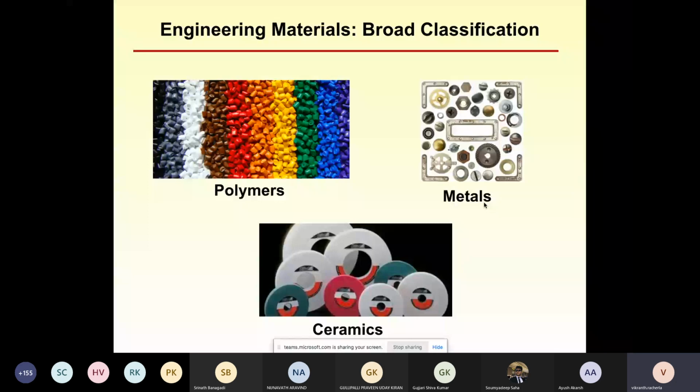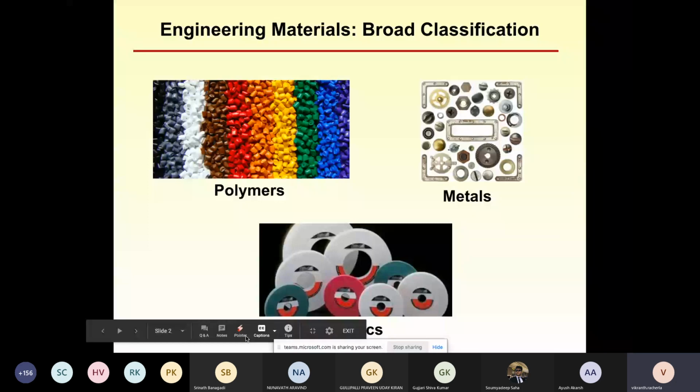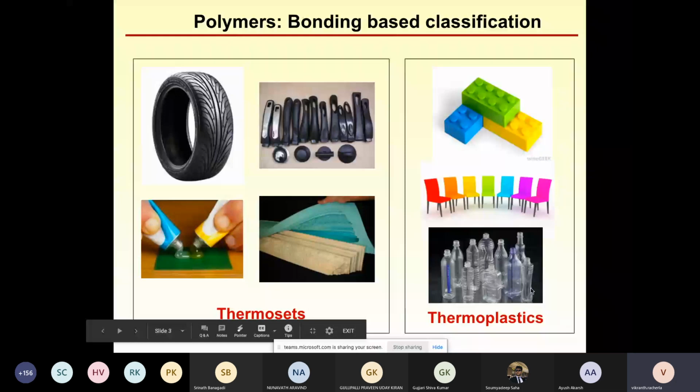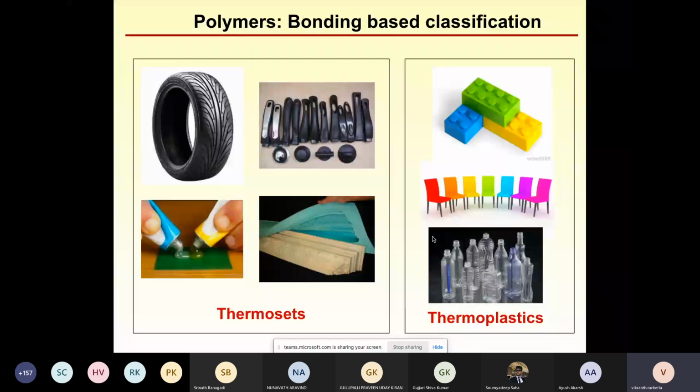Okay. Now, amongst the polymers, there are different classifications. Polymers which we use can be put into different groups.